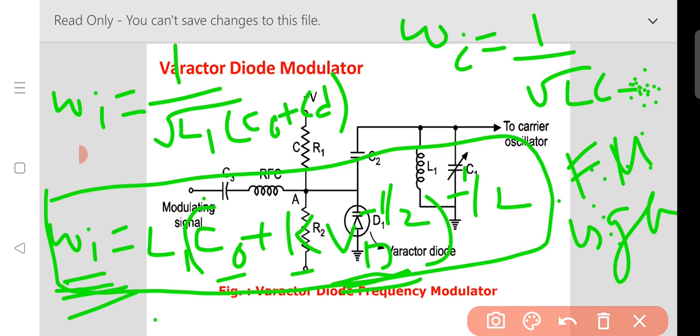Vd means the voltage across the diode, and the diode voltage changes because of our m of t, the message signal. So the change in message signal causes the change in frequency. That change is called deviation, and that deviation of frequency is nothing but our FM signal.